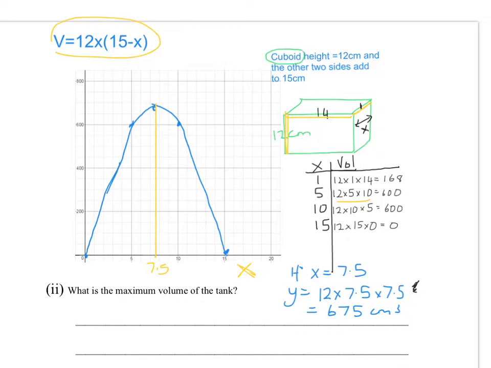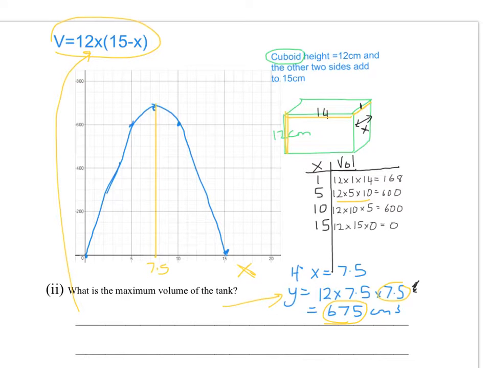You've got the formula up the top of the page, and you need to put 7.5 in there. So I've written that over here. Y equals 12 times 7.5 times 15 minus 7.5, which is 7.5, and that comes out to 675 centimetres cubed, its volume.